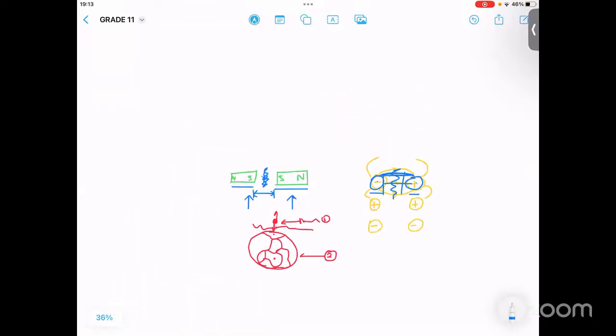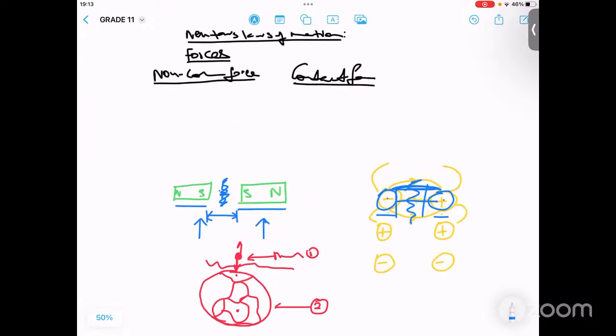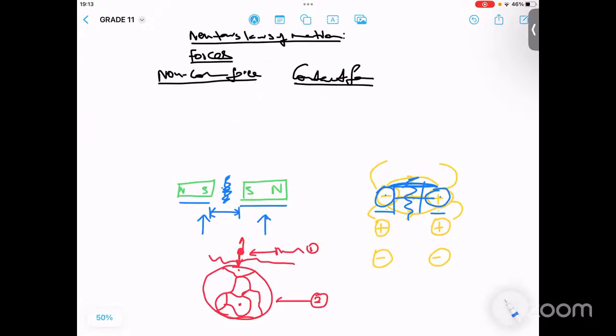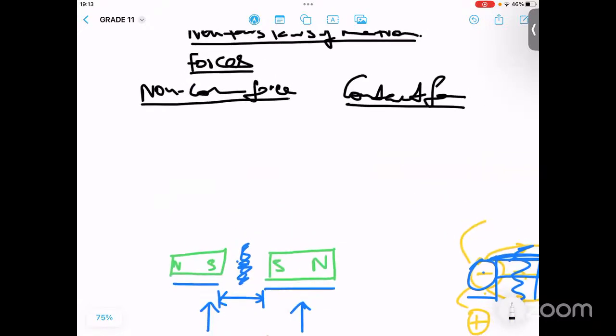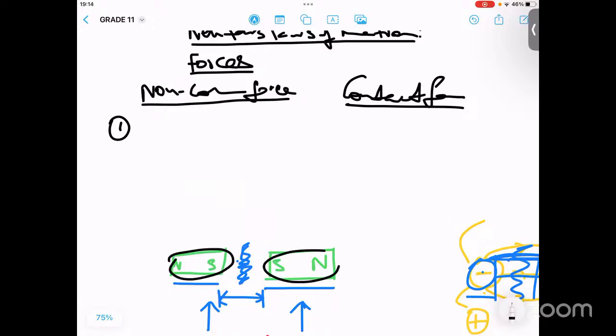So as a scientist, honorable members, you need to therefore summarize this type of forces. You need to give them names. So let us say the first type of force, let's call it magnetic force, because we were talking about the two magnets. So that means a force that would fall under non-contact force.